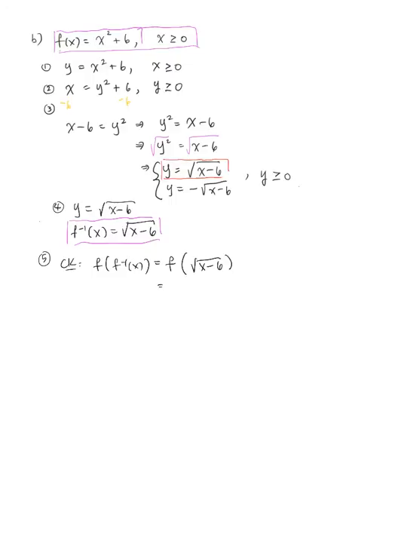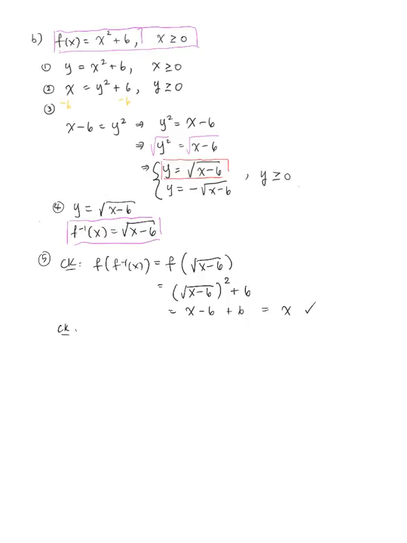So f of x is x squared plus 6, so you're going to have to replace that x with square root of x minus 6. So we're going to have square root of x minus 6 squared and then plus 6. The square root and the power of 2 are going to cancel each other out. So here you're going to have x minus 6 and then plus 6. So it's going to give us x.